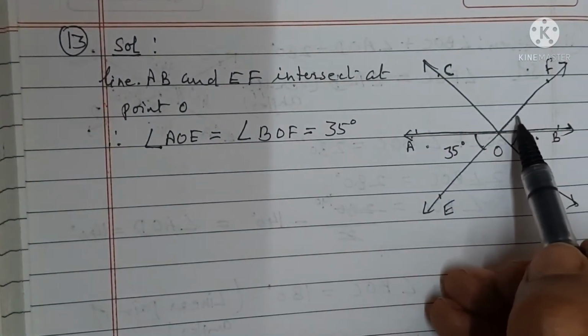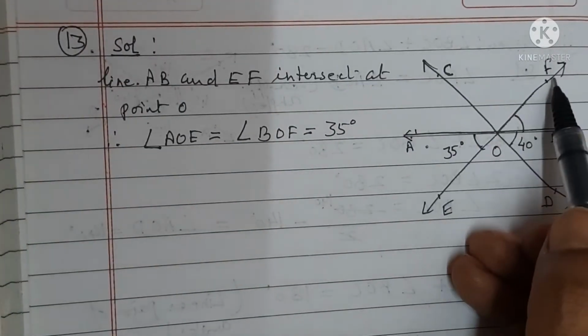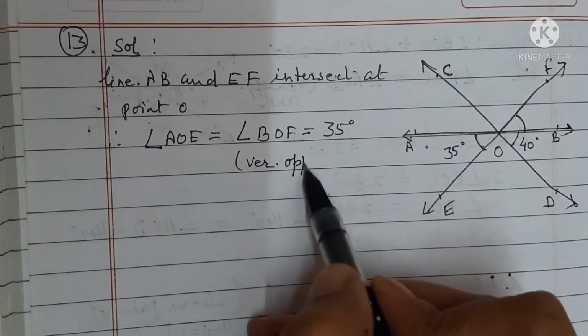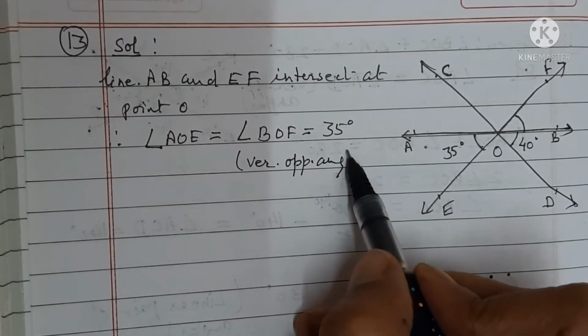This and this, vertically opposite angles are equal.